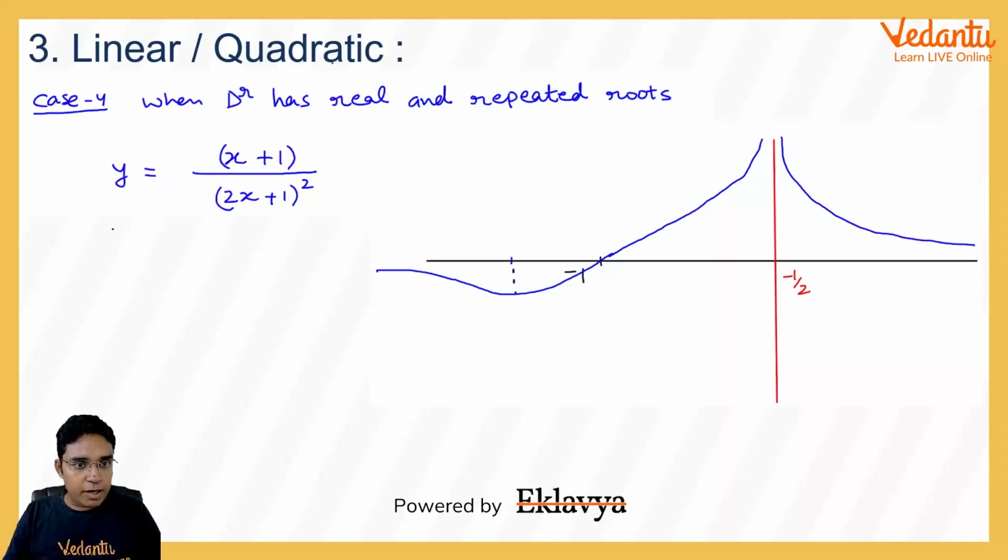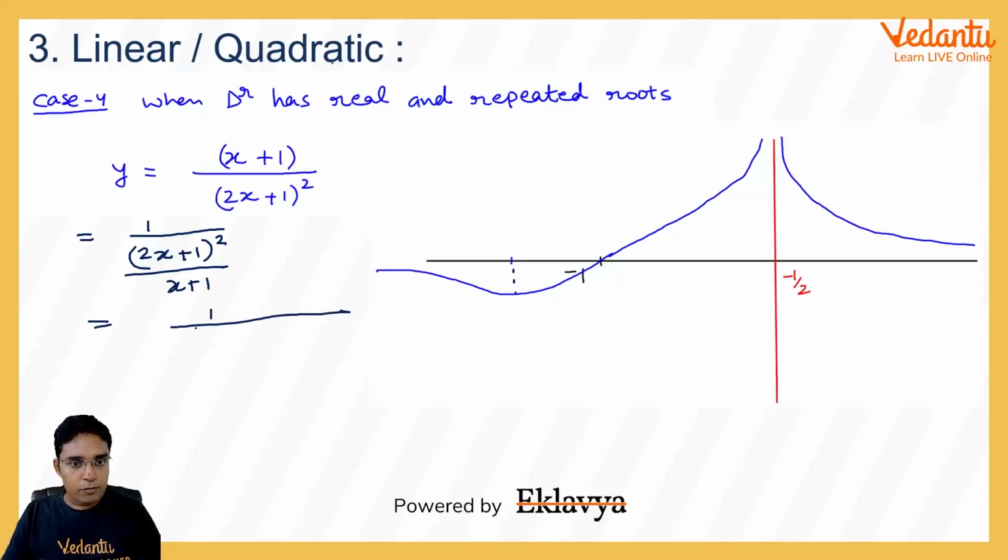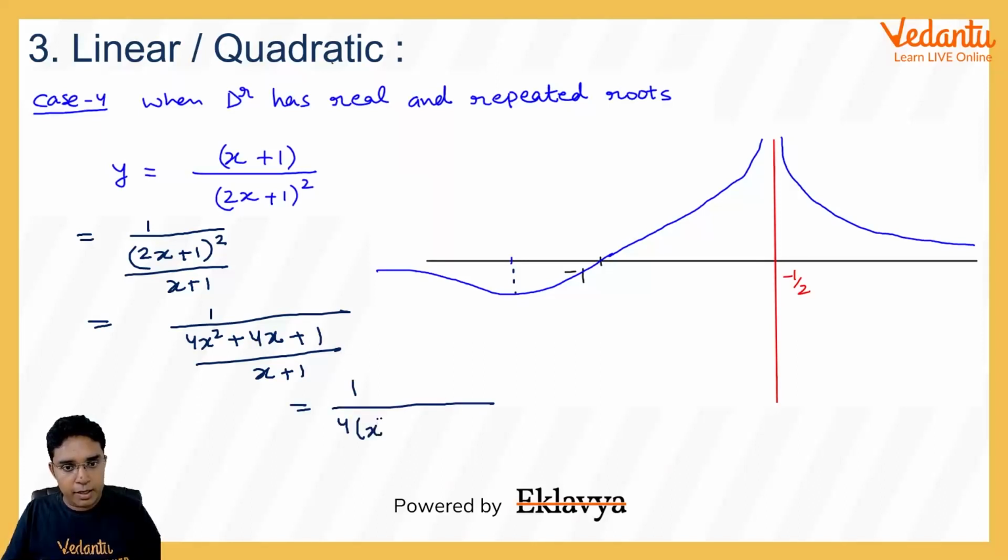So first I will write this as 1 upon 2x plus 1 whole square upon x plus 1. So this will give you 1 upon 4x square plus 4x plus 1 whole divided by x plus 1. And we can write this as 1 upon, I'll take 4 common and write x square plus 2x plus 1, so that it becomes x plus 1 whole square.